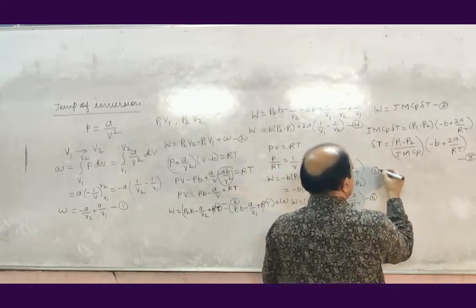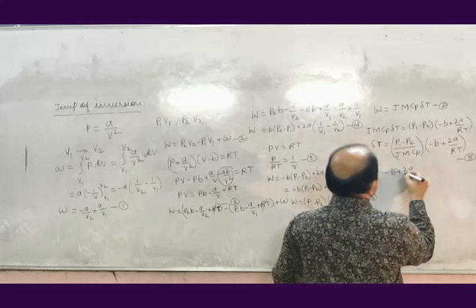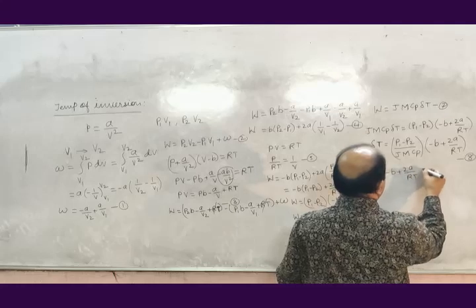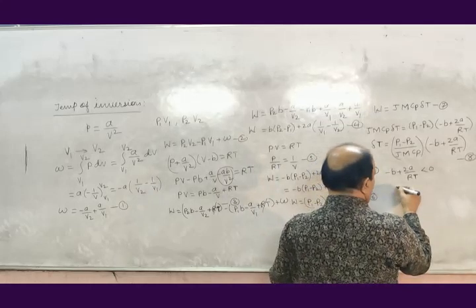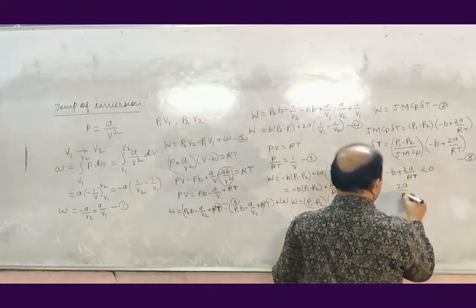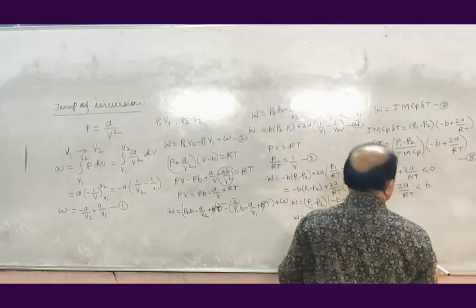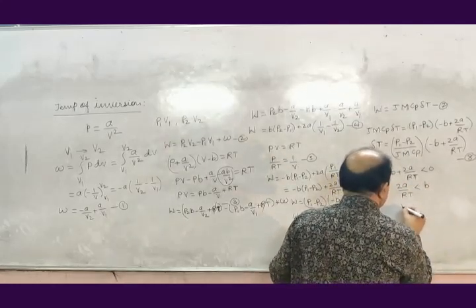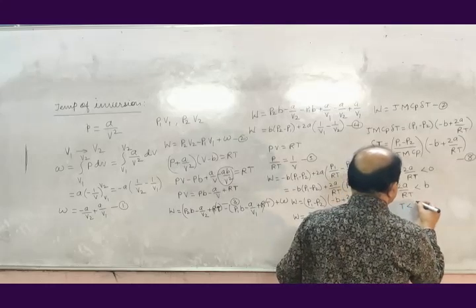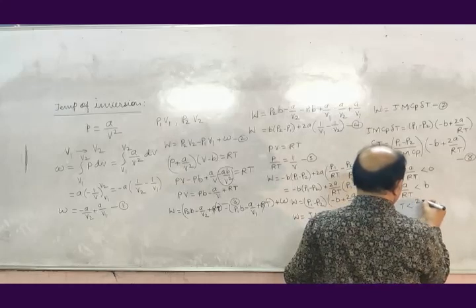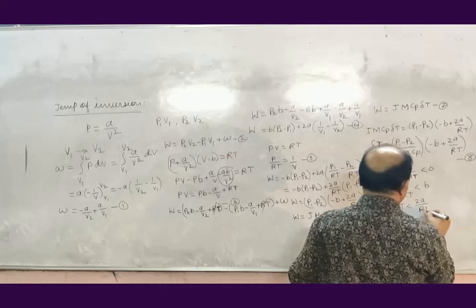let me consider this as case 1, minus B plus 2A divided by RT less than 0, or 2A divided by RT less than B, or T less than 2A divided by RB.